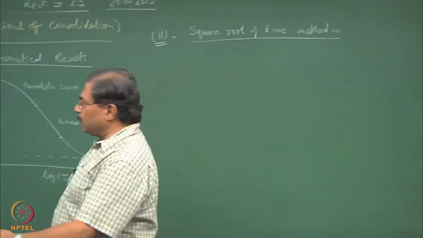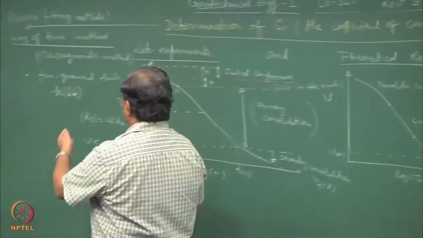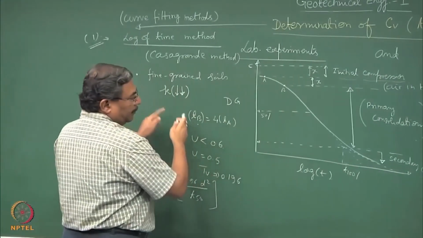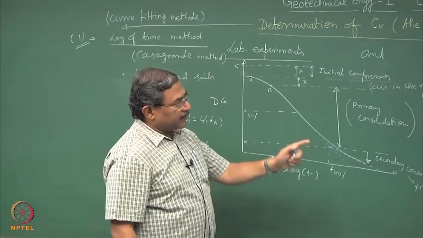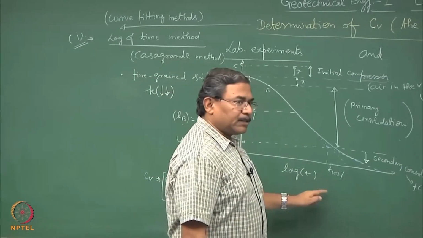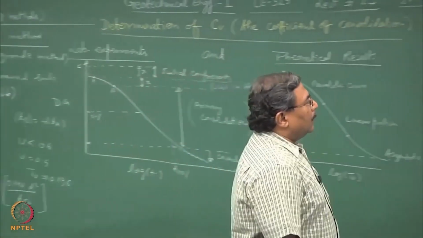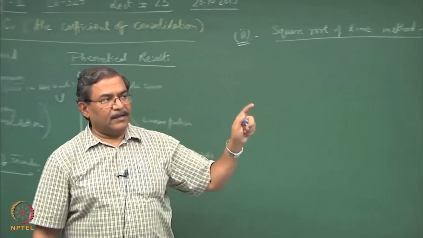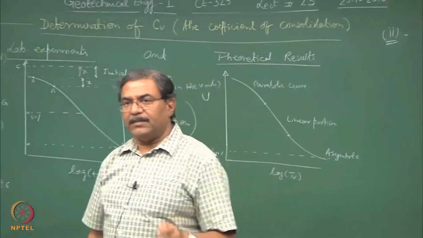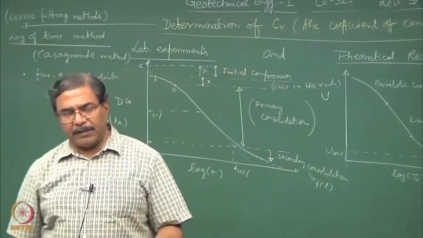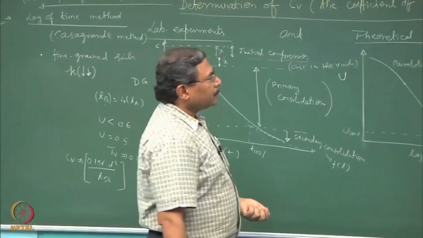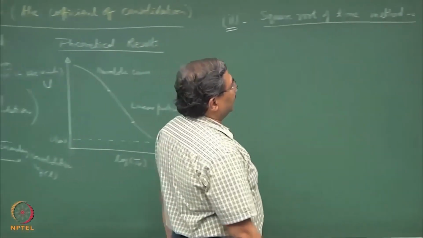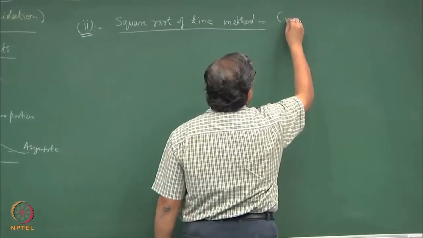The first method was used for fine grained soils with very low permeability, where the consolidation times are going to be extremely high. We plot them on a log scale. This is going to be for relatively less time taking soils for consolidation. That means the permeabilities are going to be higher, and hence we deal with the under root T method, under root of time.